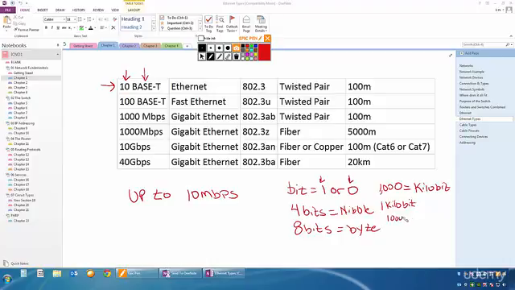Now, if I take 1,000 kilobits, that's going to equal a megabit. You're starting to see what's happening here? So if I take 1,000 megabits, and notice that b is small, then that would equal 1 gigabit.